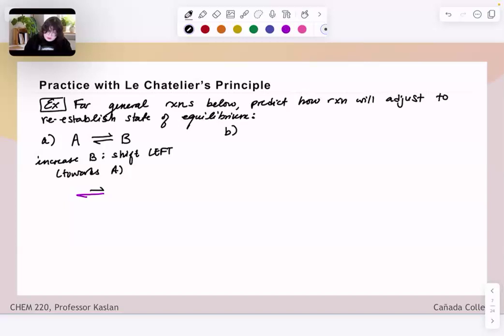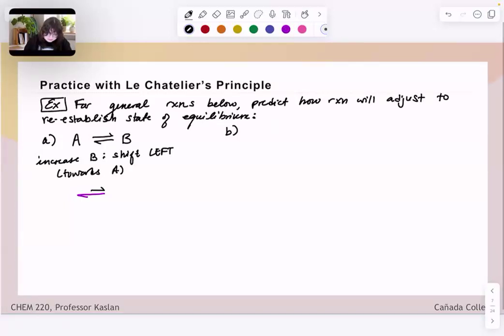All right, what if we had something like C goes to 2D, and these are gases. And let's say we increase the total pressure of the system.